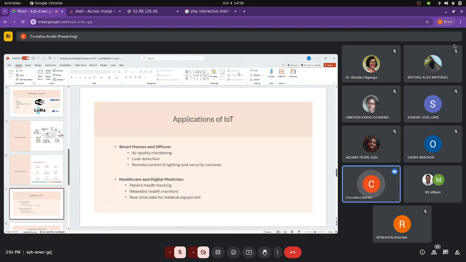And then there is real-time data for medical equipment. This is so that they're able to look at the failure rate of equipment. If it's a CT scan machine that needs maintenance, they're able to get alerts. If there's a failing component in one of the machines, they're able to attend to that very fast.